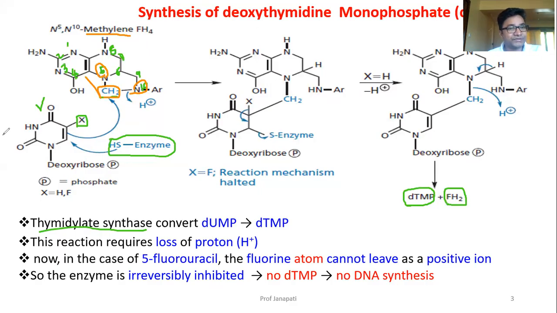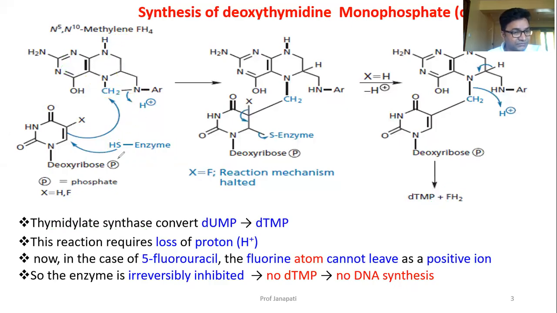Now, let me clear all this. I hope you understood. All these three: the enzyme, thymidylate synthase. An enzyme is nothing but amino acids. There must be one amino acid, cysteine or methionine, a sulfur-containing amino acid. Sulfur has a lone pair of electrons that will bind to this carbon, the 6th carbon.